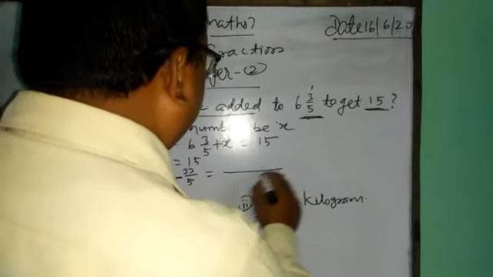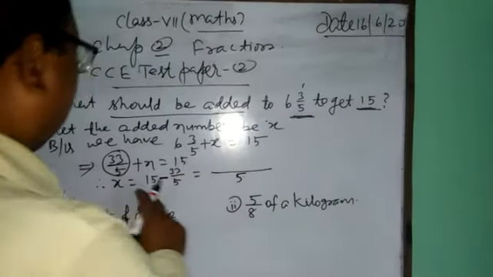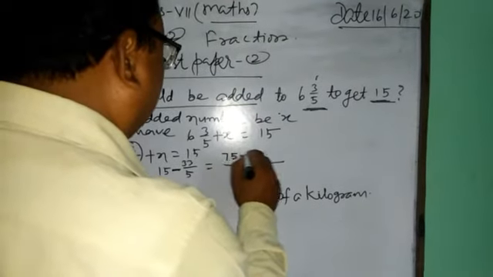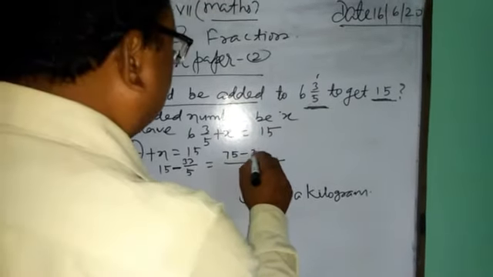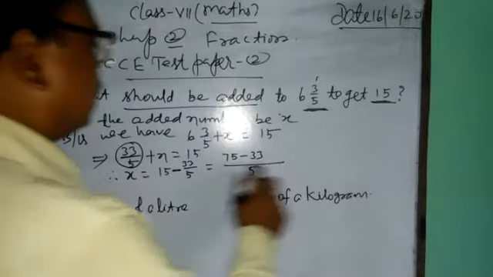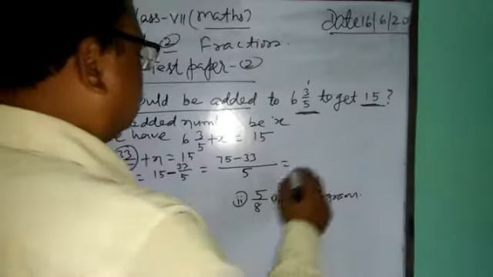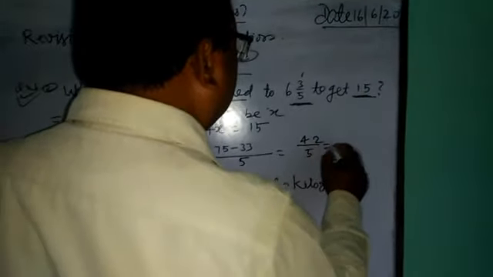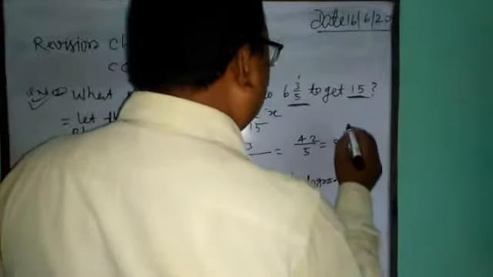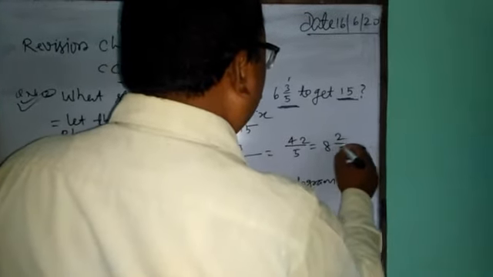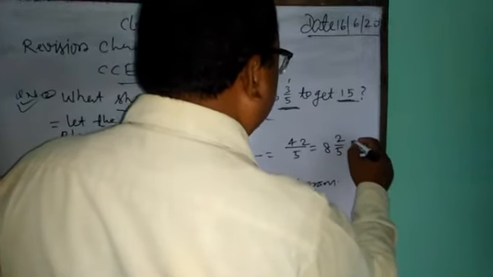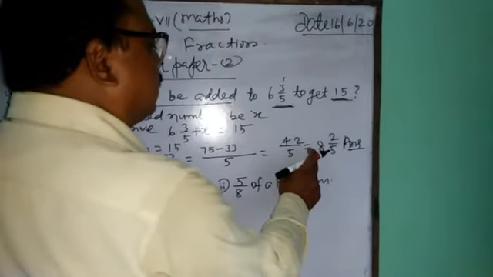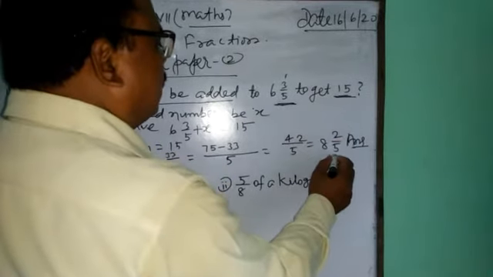Now take LCM 5: 15 times 5 is 75, minus 33, is equal to 42 by 5, which is 8 whole 2 by 5. Hence the answer is 8 whole 2 by 5.